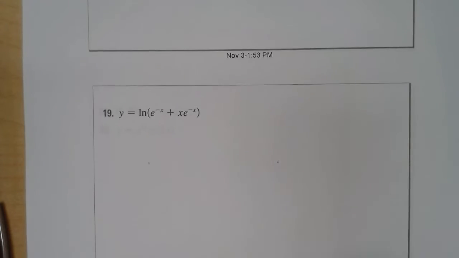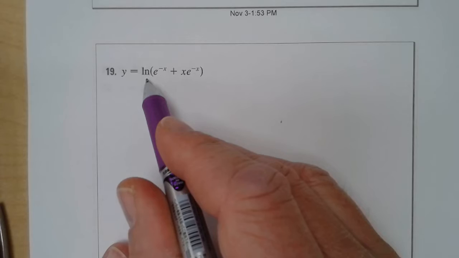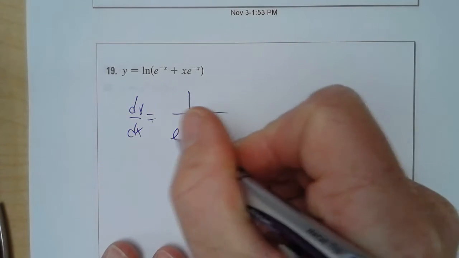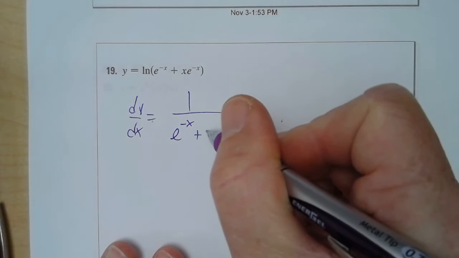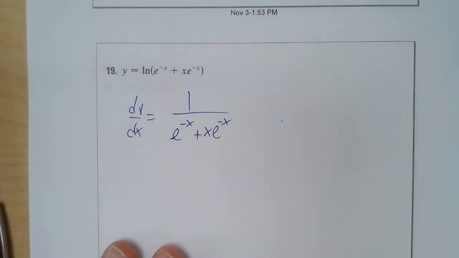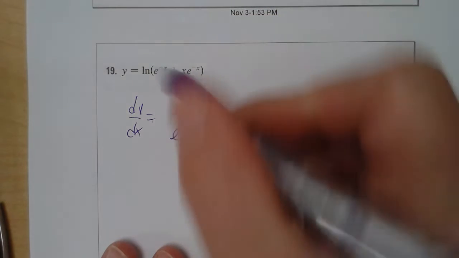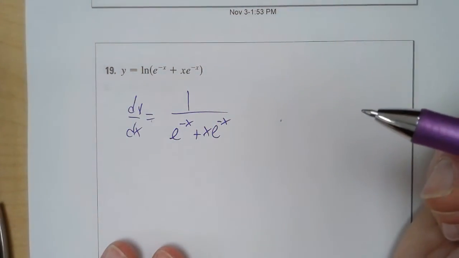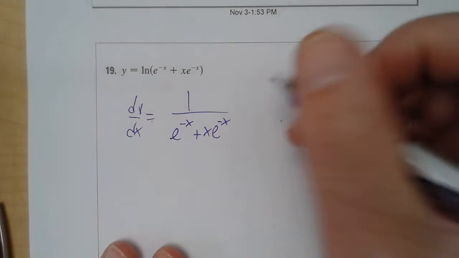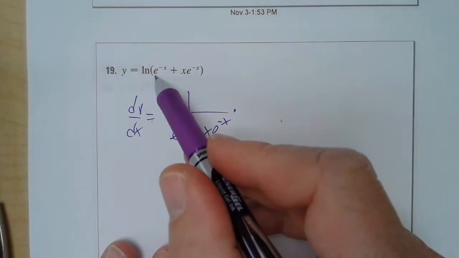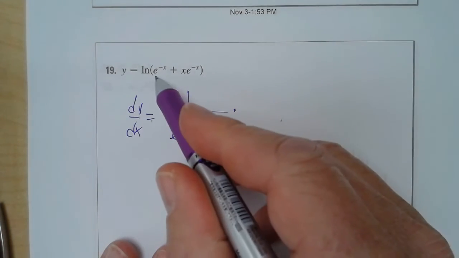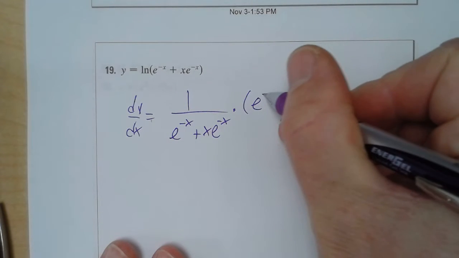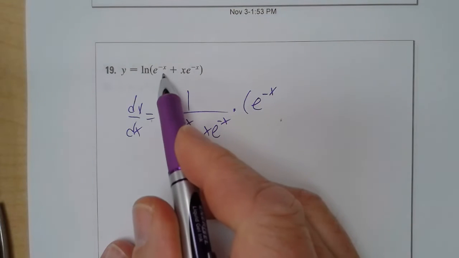Let's look at 19. So the derivative of natural log, dy dx, is 1 over e to the negative x plus x e to the negative x. Whatever's inside here, you throw it on the bottom. Now we have to take the derivative of the inside. The derivative of the inside would be e to the negative x, but there's an inside function.